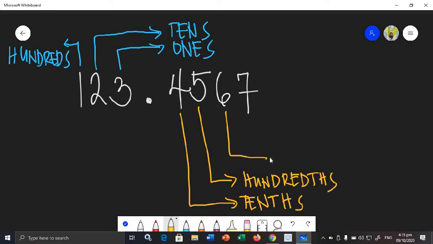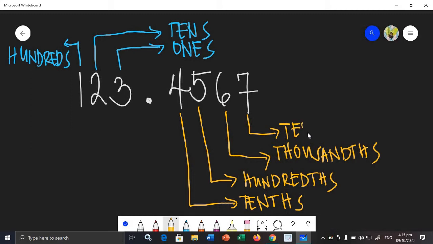And then the next one is, what's that? So that is thousandths. Okay? Be careful with the spelling. And then up until 10,000s lang tayo, no? Hindi na tayo aabot ng 100,000s and millions. So up until 10,000s.